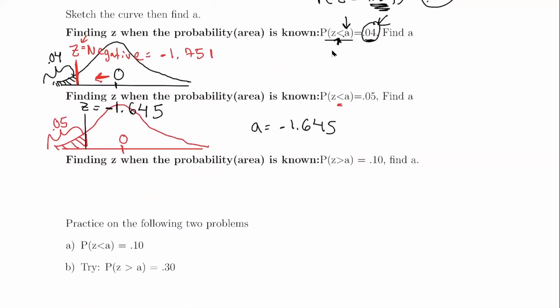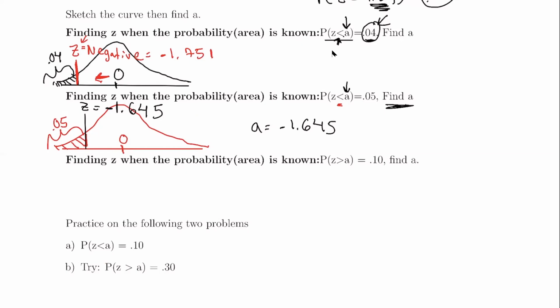Why would we put a equals instead of z equals? Because if you look right here, since it says find A, right now we're putting A as a dummy, because we don't want to put Z as less than Z. So we're just saying, what does Z have to be less than?